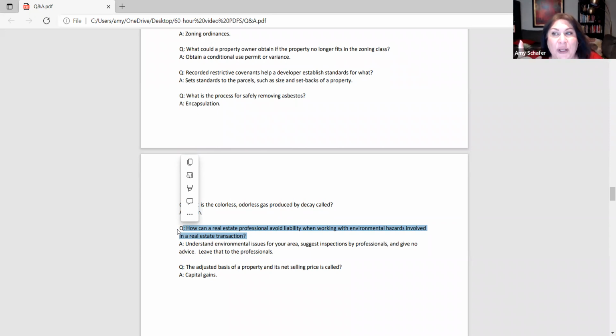Understand the environmental issues, be educated on them, look for evidence and educate your buyers, but you should never claim anything without having it professionally tested.